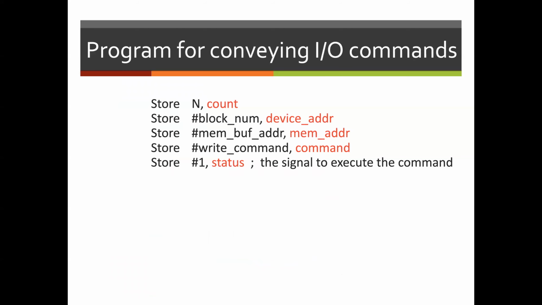And so let's consider an appropriate program that we can use for conveying I/O commands. So if we want to transfer n bytes of data from a memory buffer at address M to the device at address D, then we have the CPU execute appropriate instructions. And so we can have a number of different instructions where we store n into our count register. We can store our memory address, and our block number into our device address.